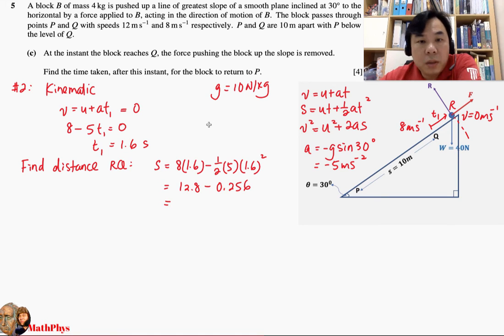Let me see what is wrong with this. The initial was 8, yes. The time taken is 1.6, half A, so the acceleration is negative. Time taken is 1.6, so this is 12.55.